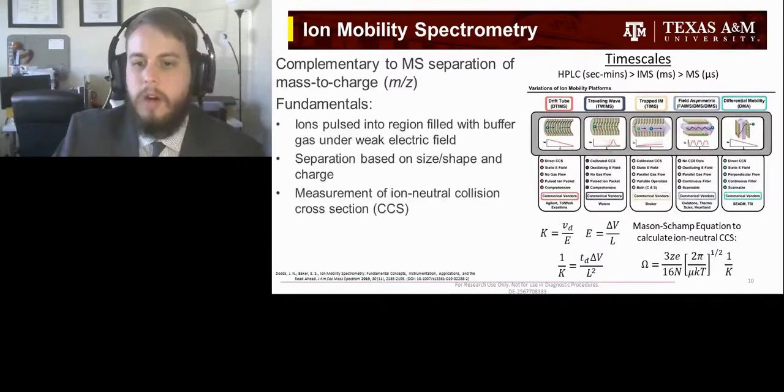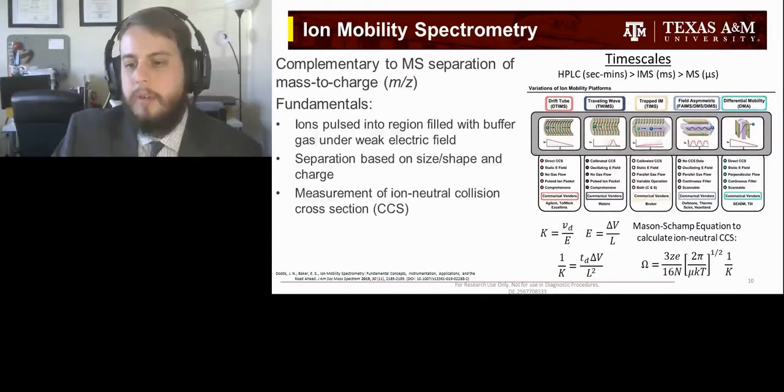For all the other mobility devices, the collision cross sections you get out of those are calibrated, or experimentally determined, against those determined by uniform field drift tube devices. Now we can take these collision cross sections that we've determined experimentally, calculate them based on our experimental results, and compare them between different devices.